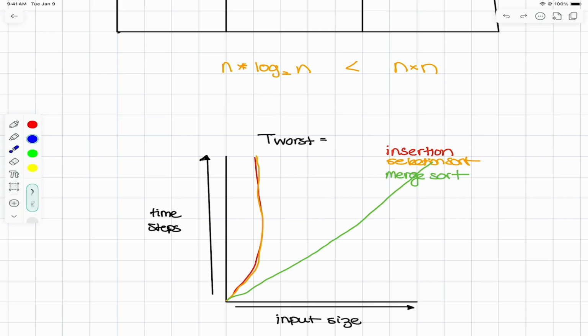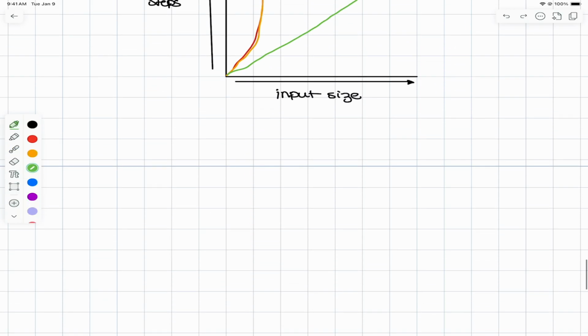Let's just put a few numbers here on paper to really solidify this, because this is often where students get tripped up. Let me just draw 2 panels again. We're going to do an n equals 20 and an n equals 20,000, sorry. So for small lists like n equals 20, the difference between n squared and n log n might be tiny.